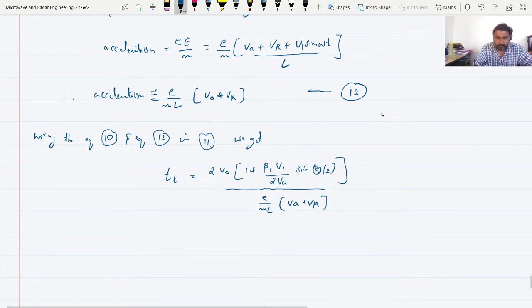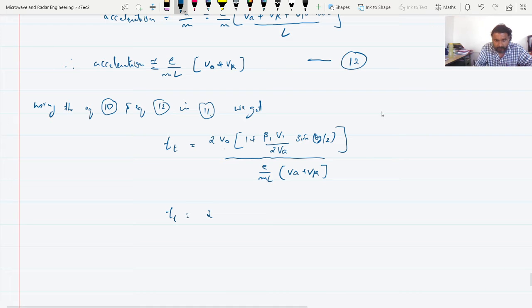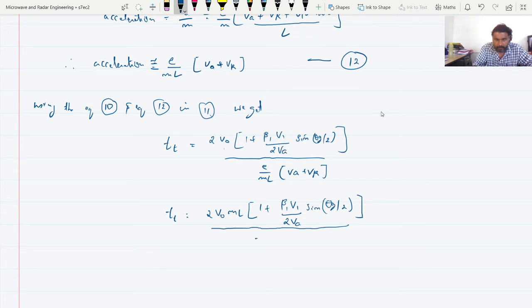I will write this also as Tt is nothing but 2 V naught m L into 1 plus beta 1 V1 by 2 Va sin theta g by 2, divided by e into Va plus Vr.